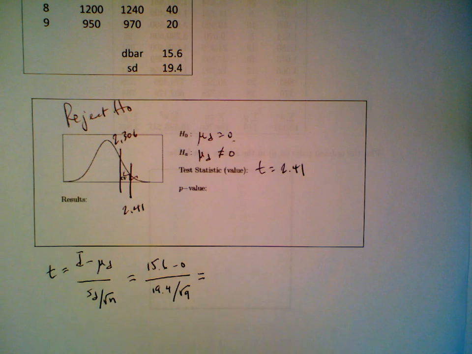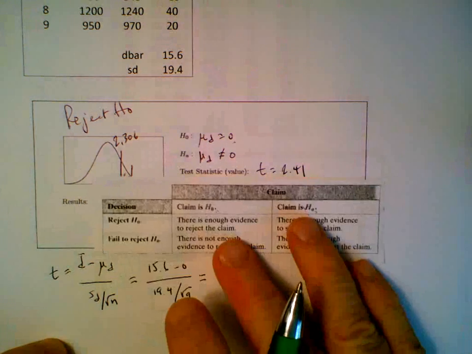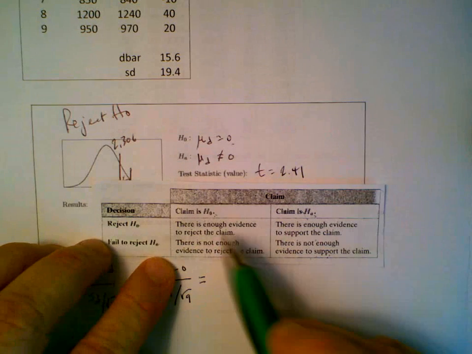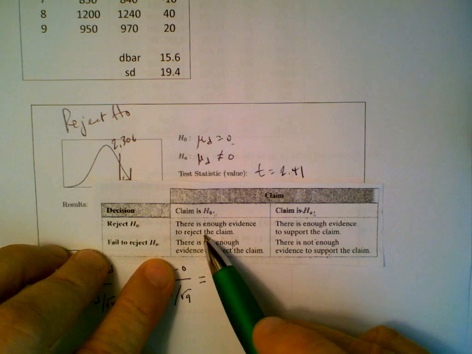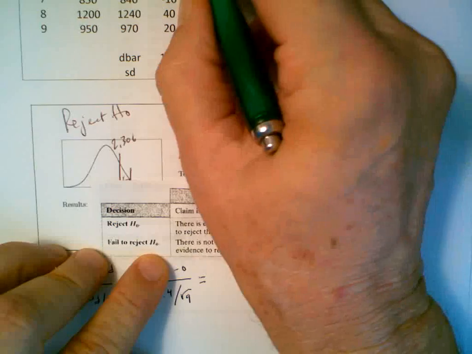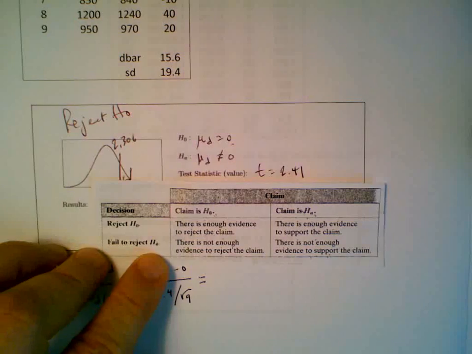Okay. Interpret results in terms of the original claim. Okay, let's take a look. Claim is H naught, and we rejected H naught. Therefore, there is enough evidence to reject the claim that test preparation had no effect.